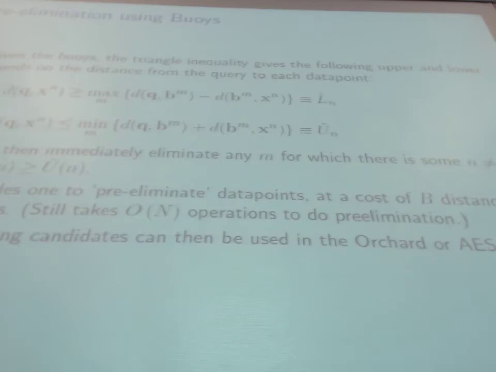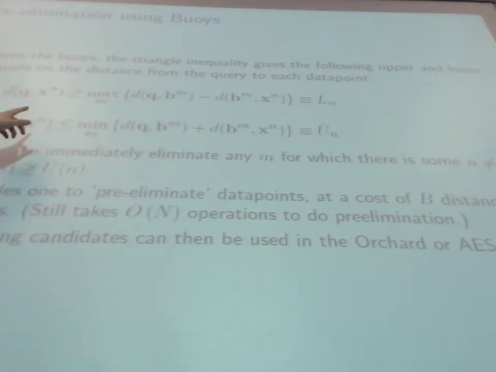There are two things we can do. If you've been following this fairly carefully, let's look at the first equation. This is a similar lower bound to what we had before. Just to see that, forget about the max for a moment.